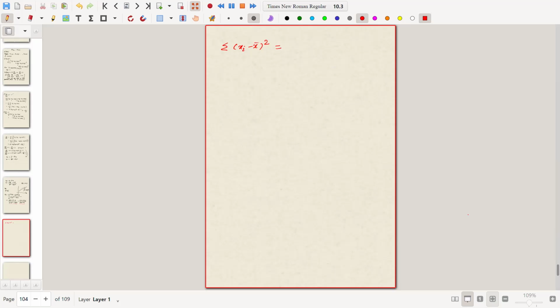So how should we proceed? Can we open this like a plus b whole square? What we will get is summation of xi squared plus summation of x bar squared minus 2 times xi x bar. What should I do now?